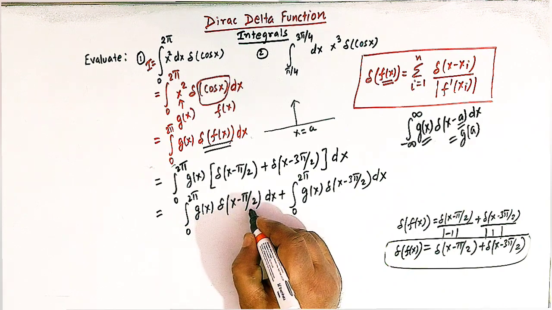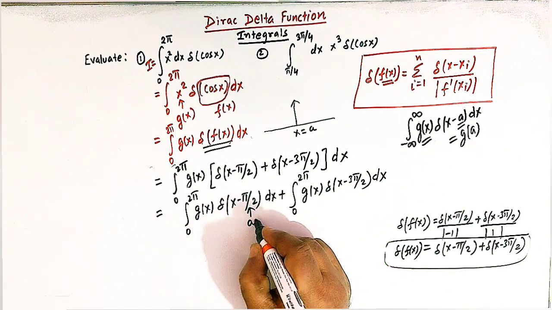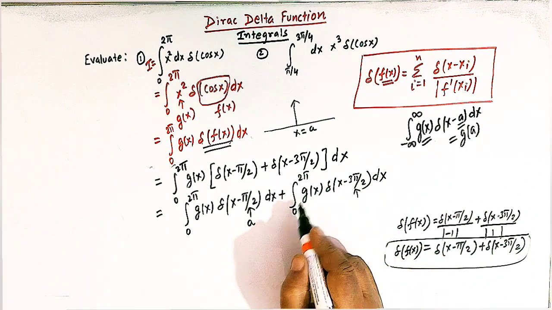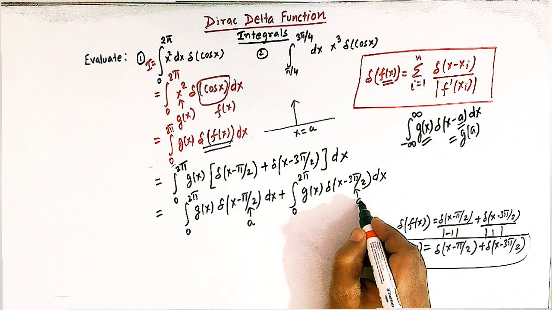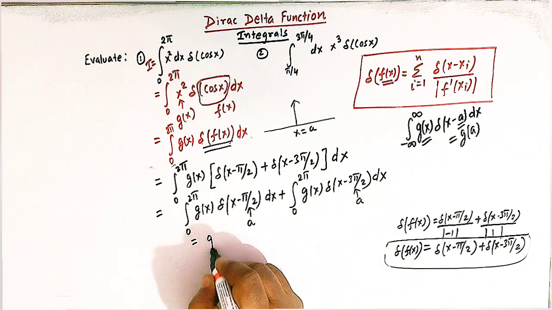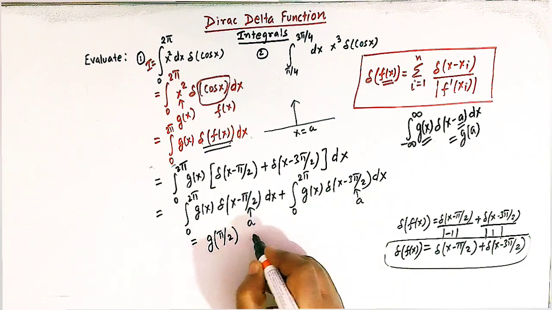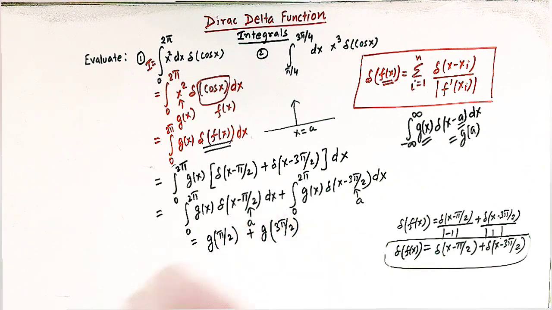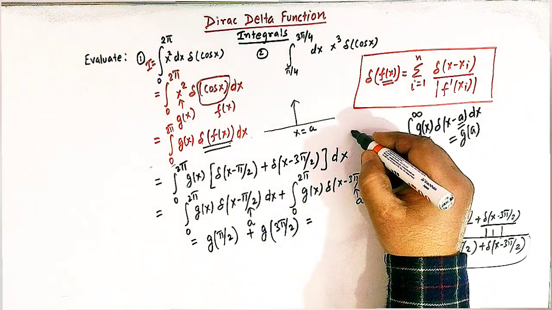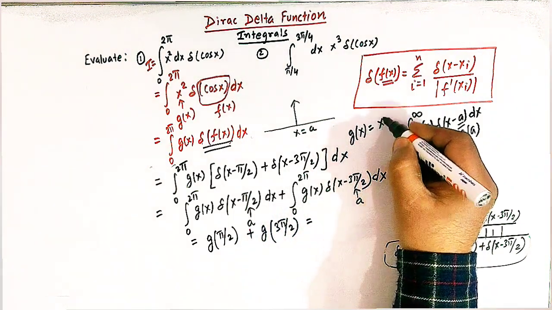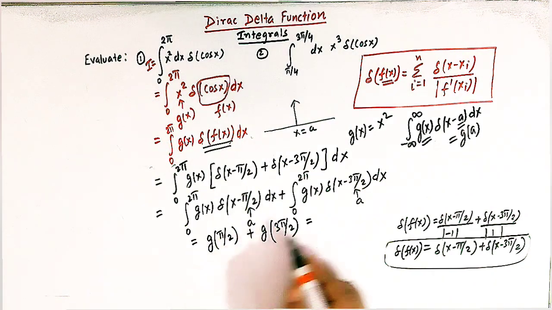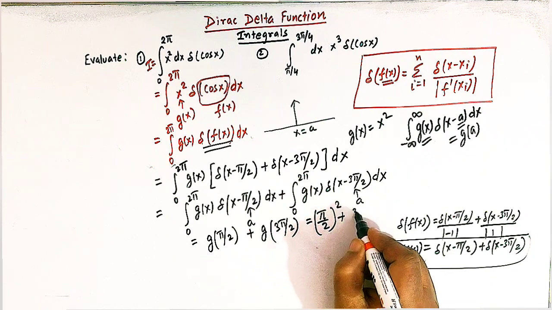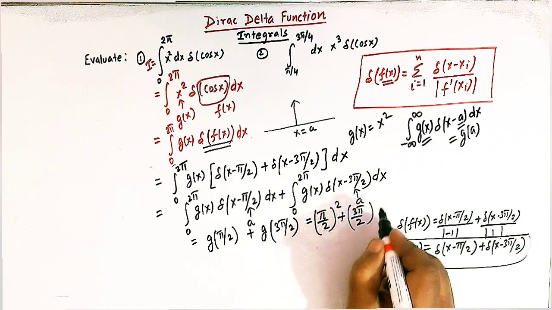Here in the first integral, the value of a is pi by 2, and in the second integral, the value of a is 3 pi by 2. So here we have g of pi by 2, and g of 3 pi by 2, right? Now g of x is our function x square. So we have pi by 2 square, then 3 pi by 2 square.